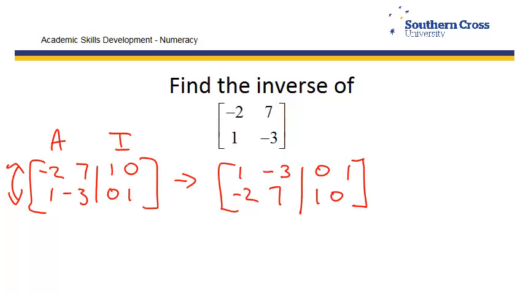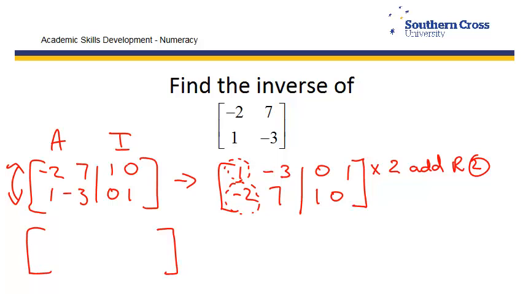And now that we have a 1 in this key position here, we need to then use this row to get a 0 in this position, just like in the identity matrix. So we're going to times this row by 2, and we're going to add it to row 2. So I'm going to just rewrite that top row because that will remain unchanged.